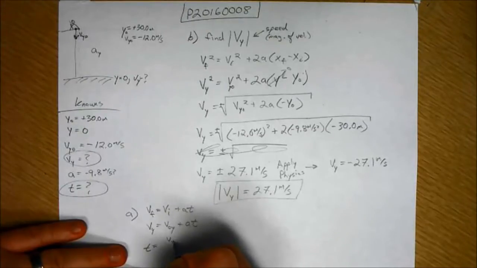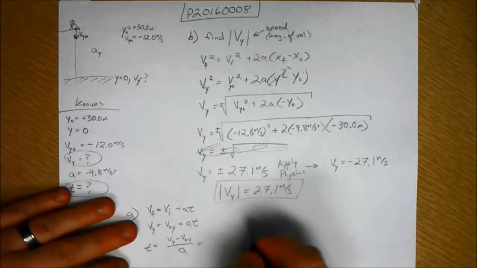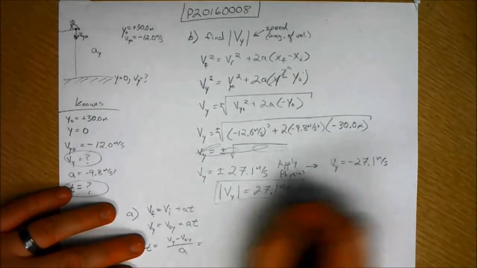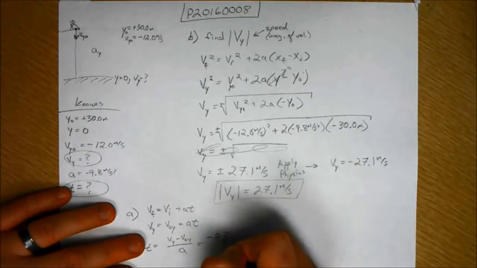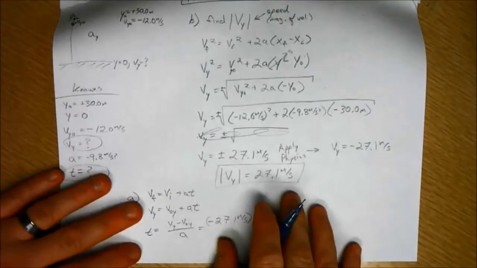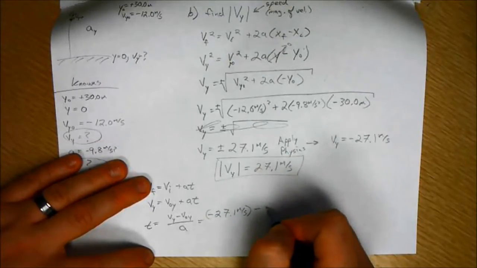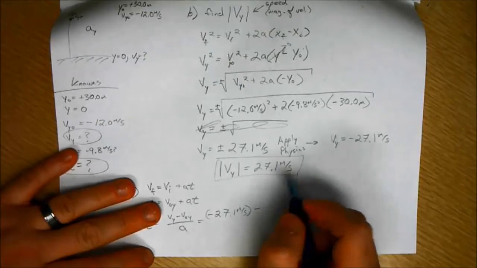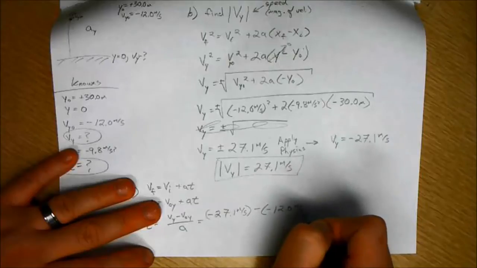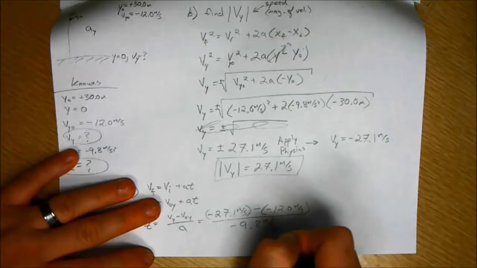T equals Vy minus v0y over a, which equals Vy, which is, remember, Vy is negative 27.1 meters per second. If you forget that negative, you will have problems. The speed is positive, but the velocity is negative, minus the original velocity, which is negative 12.0 meters per second, all over negative 9.8 meters per second squared.